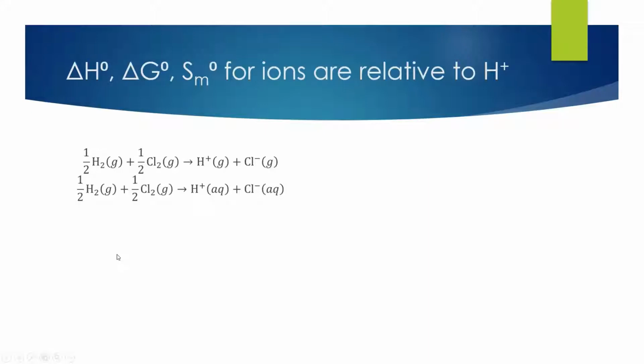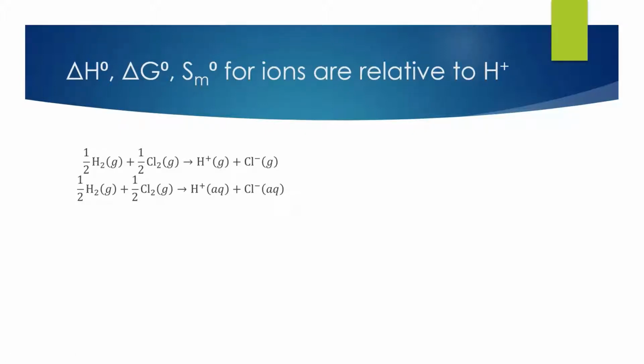Let's start by considering the two reactions shown below. We have gaseous hydrogen and chlorine molecules dissociating into gaseous hydrogen and chlorine ions, or aqueous hydrogen and chlorine ions. Are these reactions favorable?